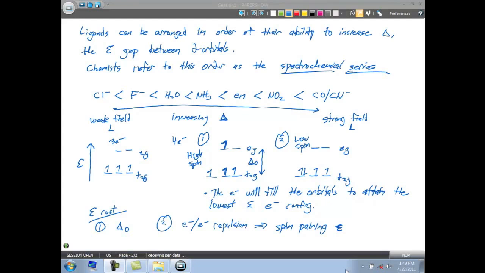And the reason we use this nomenclature is for the following. If you remember back to chapter 6 of the textbook, we talked about sets of quantum numbers to describe each of our electrons. There's a bunch of quantum numbers, but the very last one was the spin quantum number.